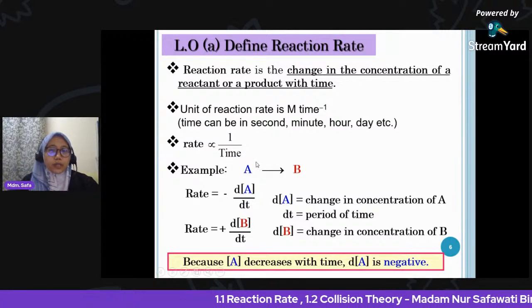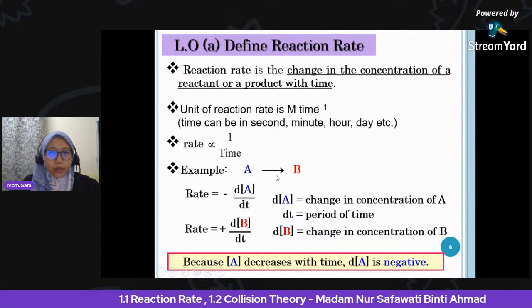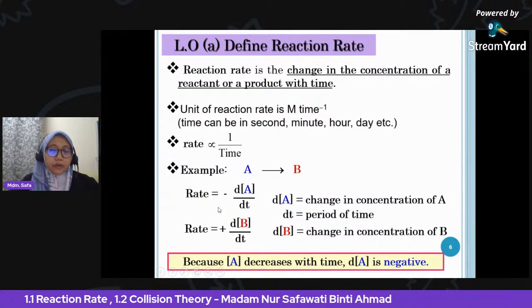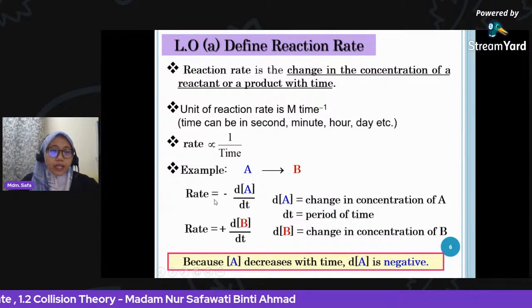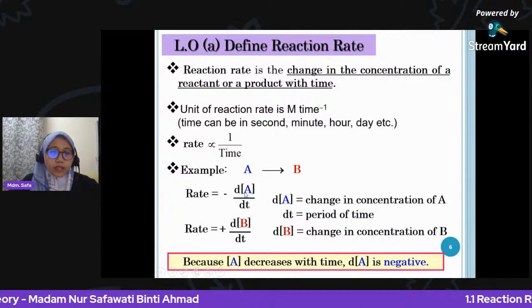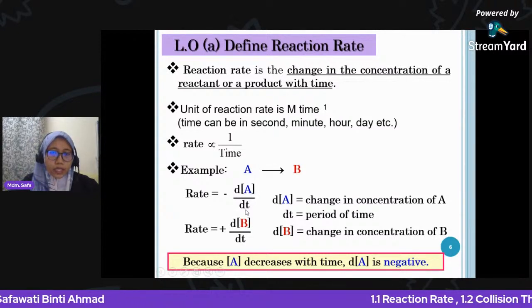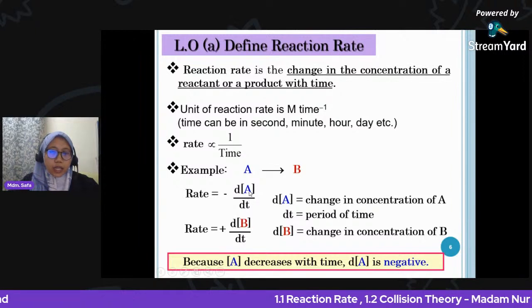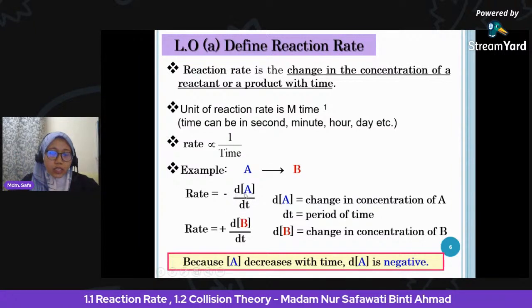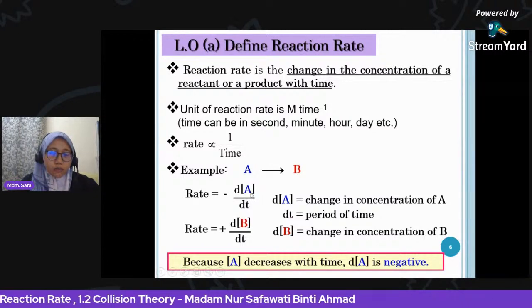For example, we have A produces B. The rate here is equal to negative d concentration of A over dt. The negative sign shows that the concentration of A will decrease over time.